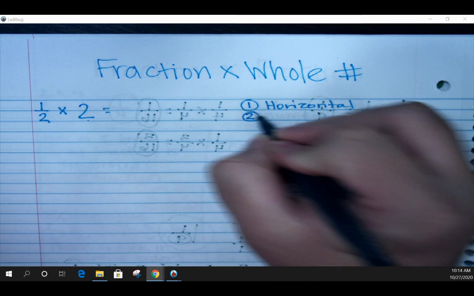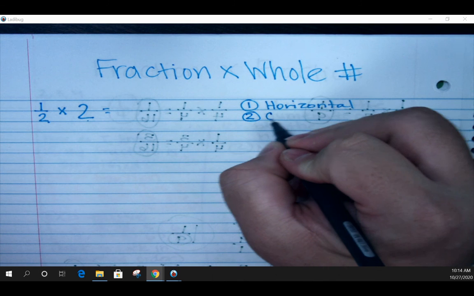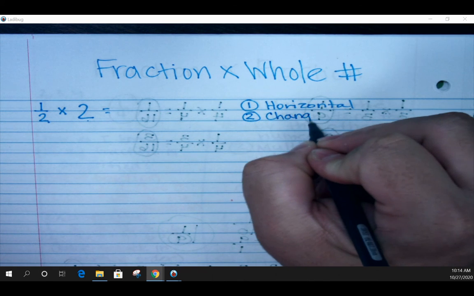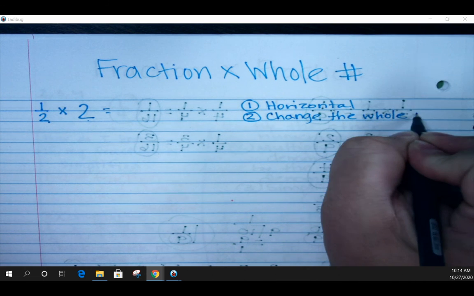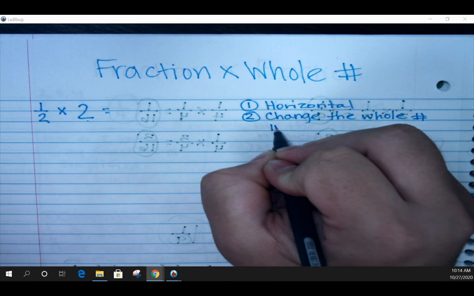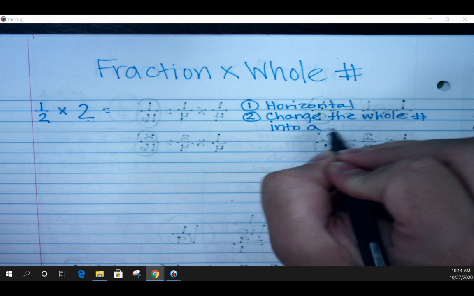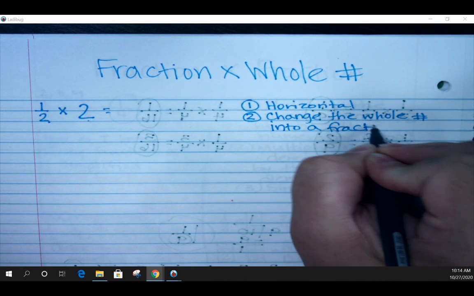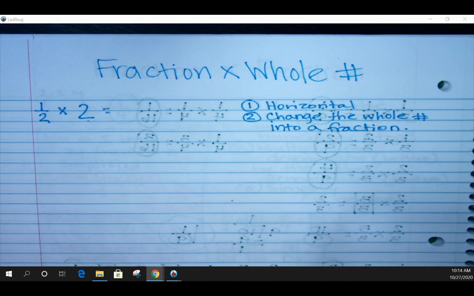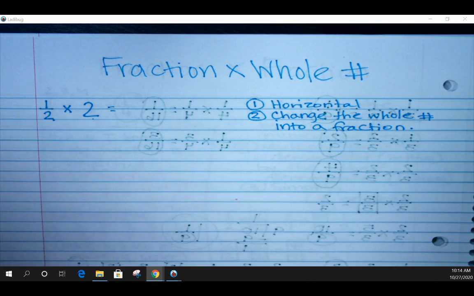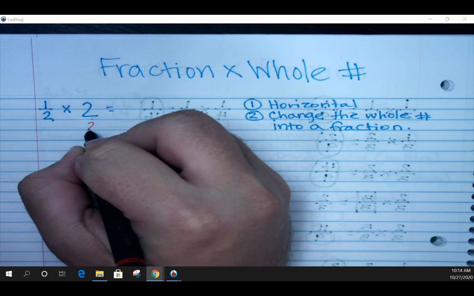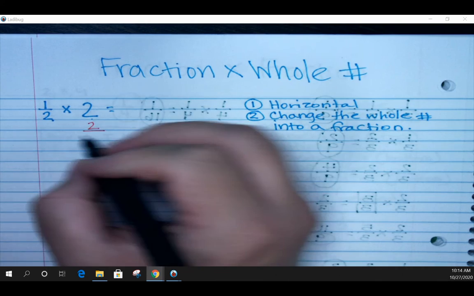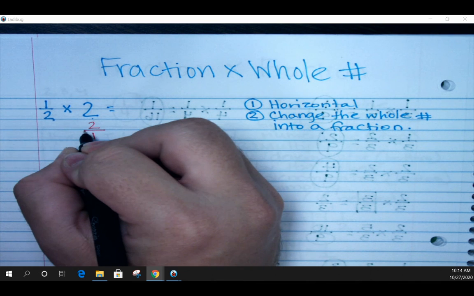The second thing you're going to do is change the whole number into a fraction. Okay? So, how do I make 2 into a fraction? You make the whole number the numerator and put it over 1.